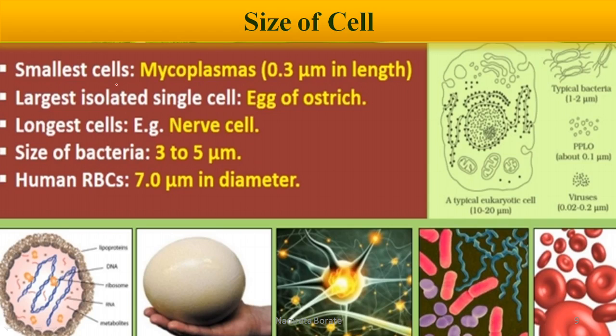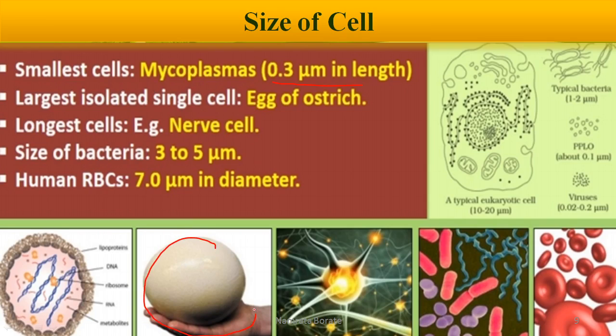The cell shows variation in size and shape. Means the cell size varies greatly in the various plants and animals. The smallest cell size can be seen in case of the mycoplasma. Its size is near about 0.3 micrometer in length. The bacterial cell is near about 3 to 5 micrometers in length, while the largest cell is seen in case of the egg of ostrich.